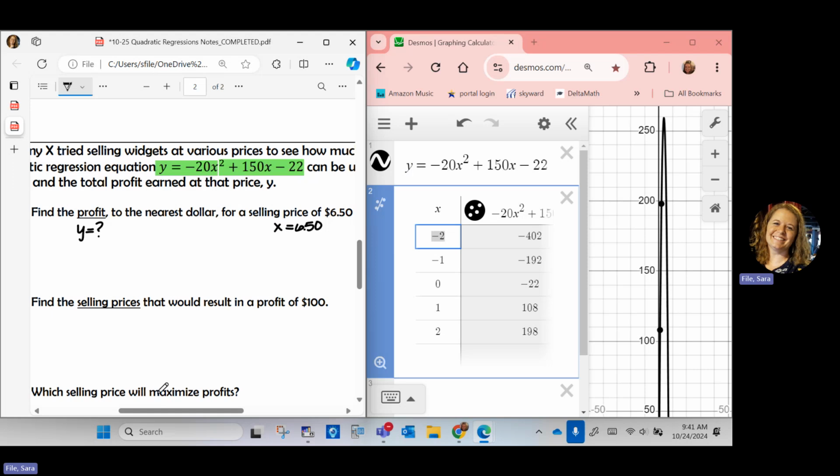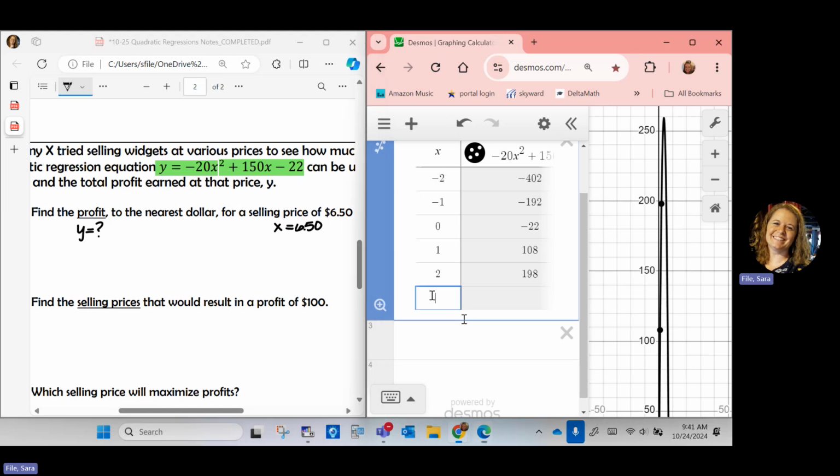So there are 3 ways that you could do this. If you already have the table here, the quickest way is just type in $6.50 for X. If you're given X and you want Y, the table's really your way to go. Okay, so that comes out to 108.